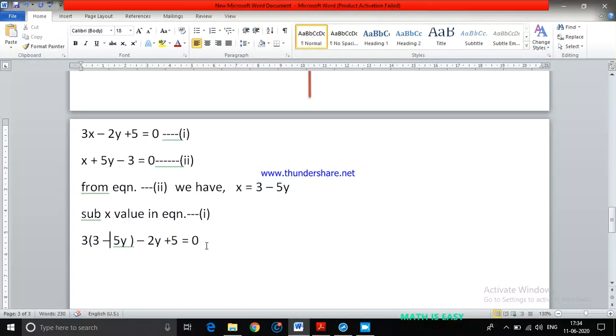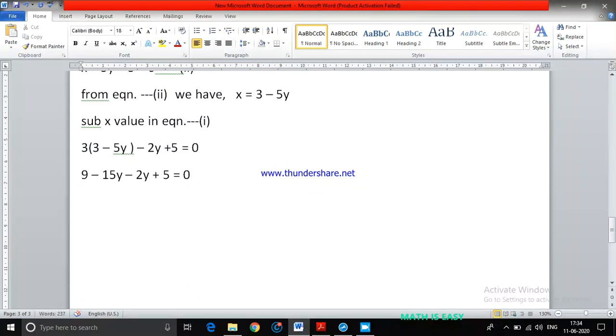Now if I simplify this, 3 3s are 9, minus 3 5s are 15y, then minus 2y, plus 5 equals 0. So I get 9 plus 5, which is 14, minus 15y minus 2y, which is minus 17y, equals 0.